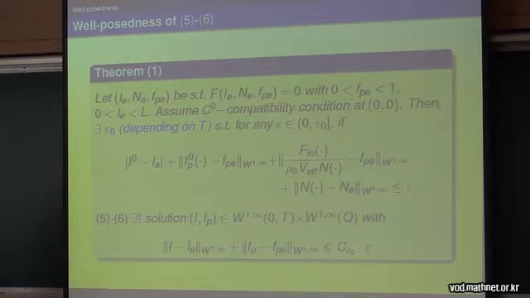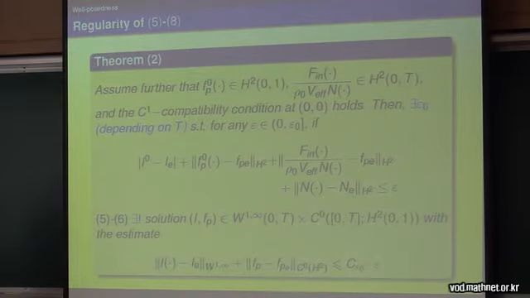And the solution of FP is now in the class of Lipschitz continuous functions. The second theorem says that if the initial and the boundary data are in H2, together with some compatibility conditions, then we can have a solution which is continuous in time and H2 in space.